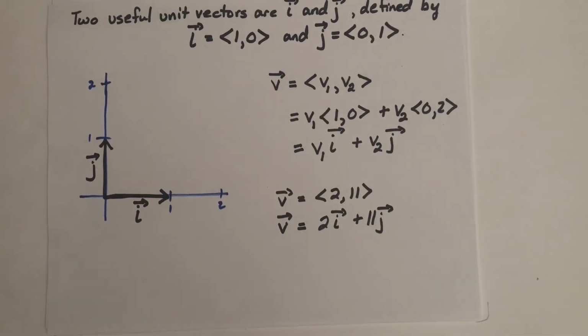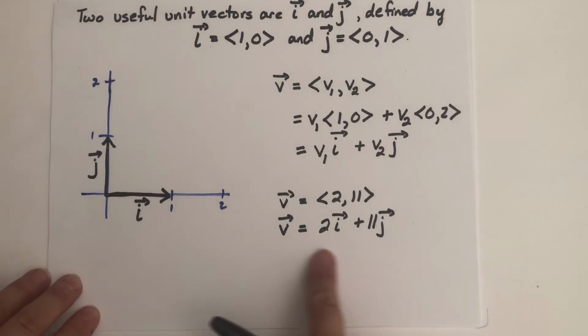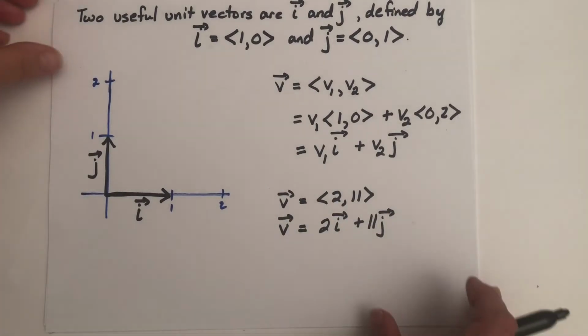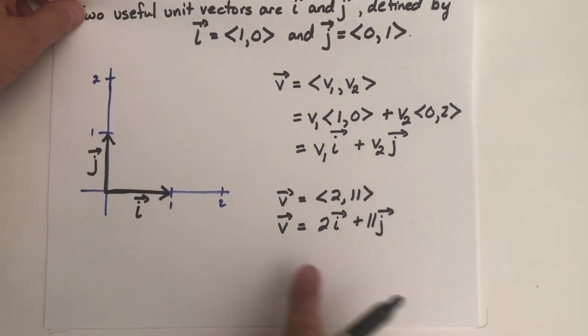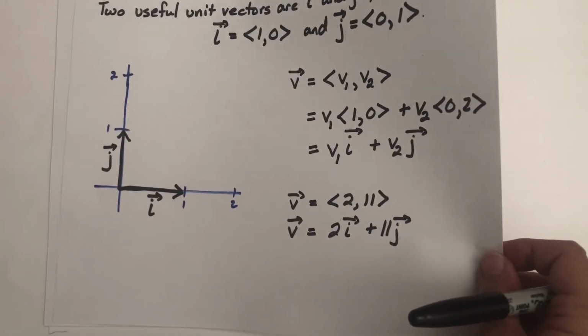What I want to do now is just practice some of the problems that we do using vectors, using this notation now. The way in which we do the problems won't change at all. We're just getting used to this notation. I thought we'd practice a few different types of problems.